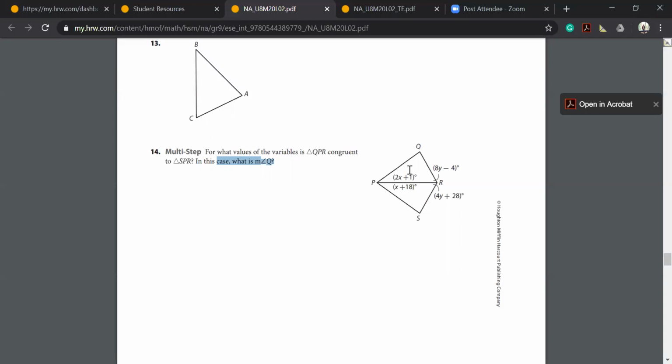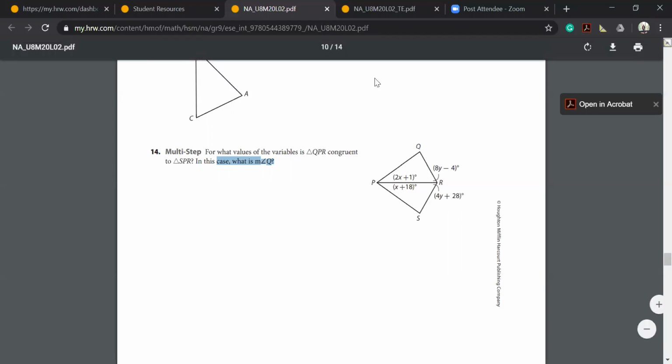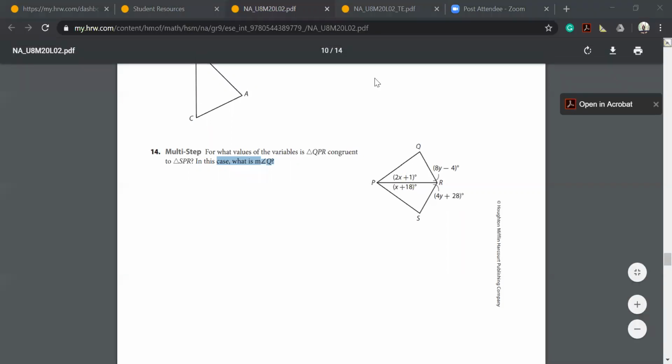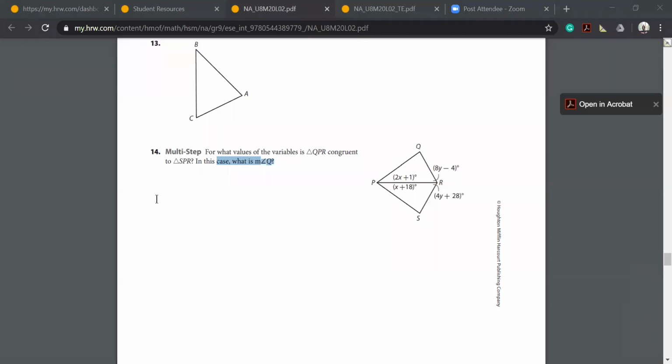If these two triangles were congruent using the ASA theorem, this angle should be equal to this angle, this side is the same, and this angle is equal to this angle. So if I write the equations, I have 2x plus 1 equal to x plus 18, as well as 8y minus 4 equal to 4y plus 28.